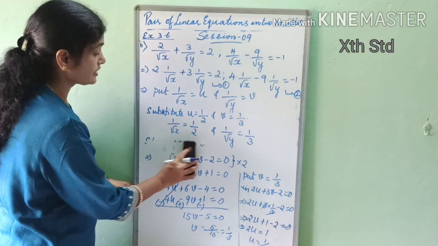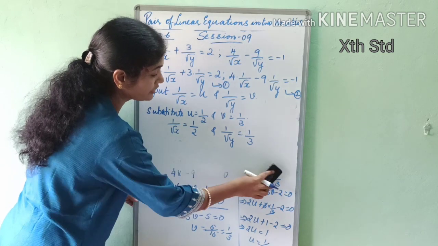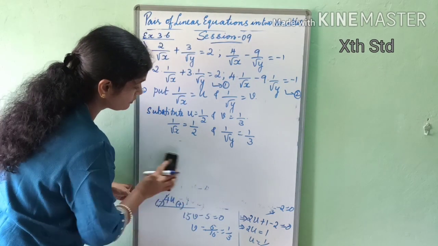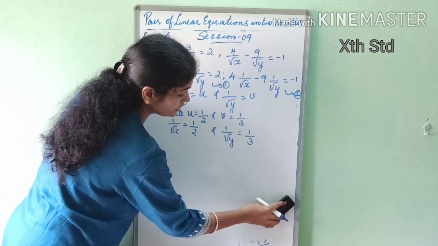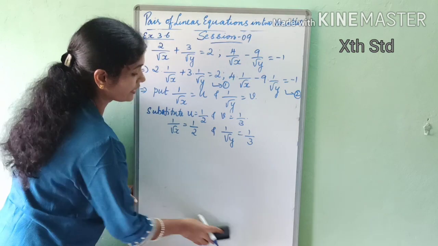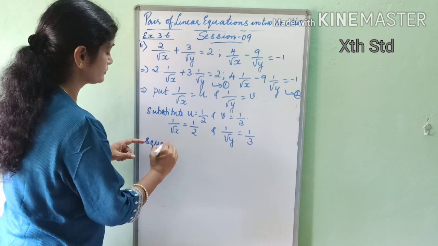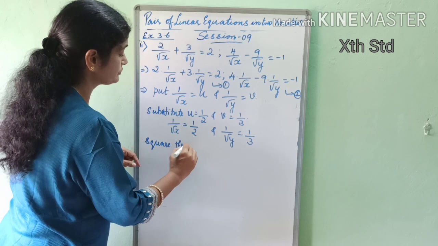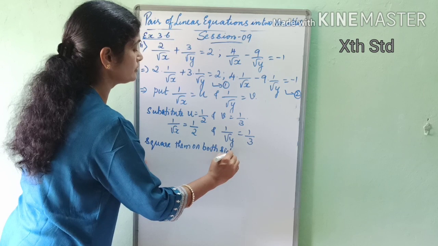Fine. So x and y are having root, so we have to get rid of that root. What we have to do is square them on both sides so that the root will vanish.